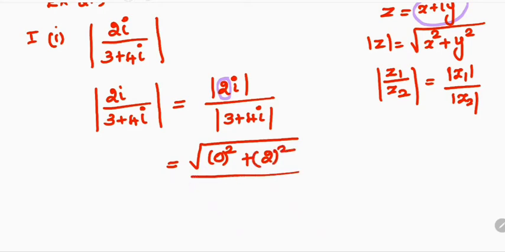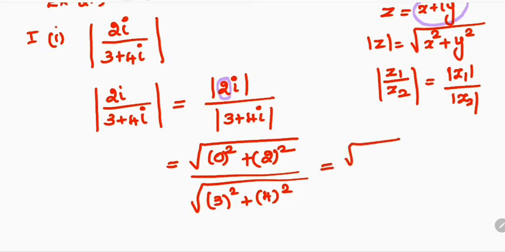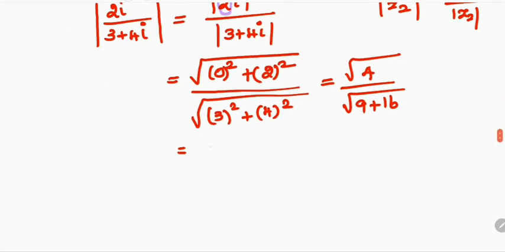And divided by the modulus of the denominator complex number, where the real part is 3, so 3 squared plus, the imaginary part is 4, so 4 squared. So we can write the square root of 0 squared plus 2 squared, 2 squared is 4, divided by the square root of 3 squared is 9 plus 4 squared is 16. So this can be written as the square root of 4 is 2, and the square root of 9 plus 16 is 25. So you can write this as 2 by 5.